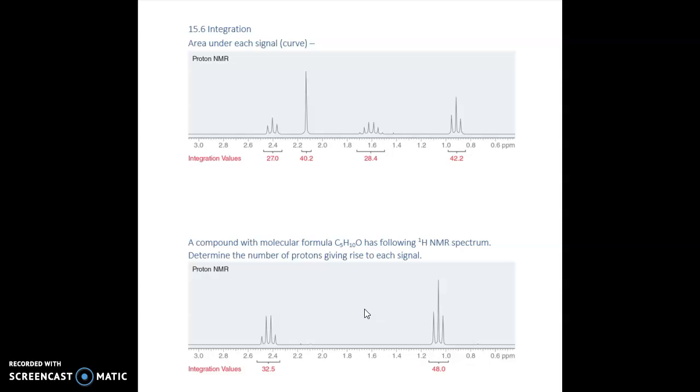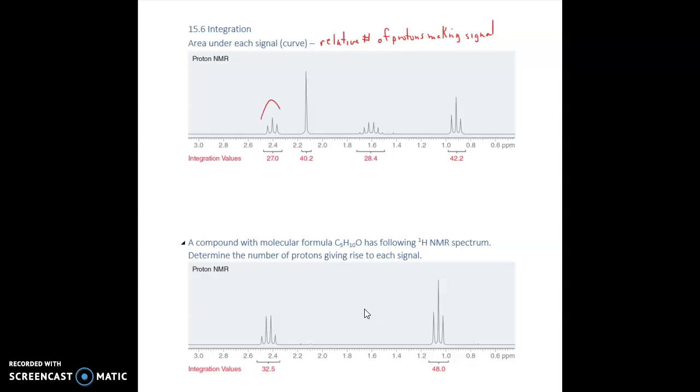And this is going to indicate the relative number of protons making the signal. So we'll get integration values like this: 27, 42, 28.4, and 42.2.